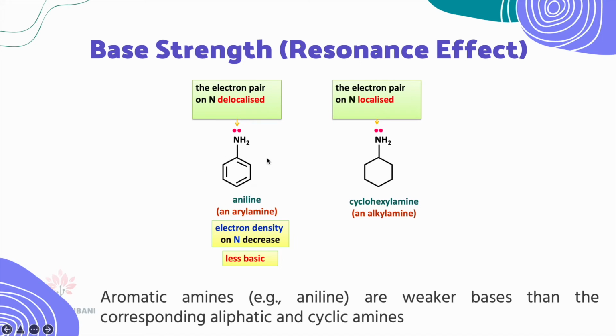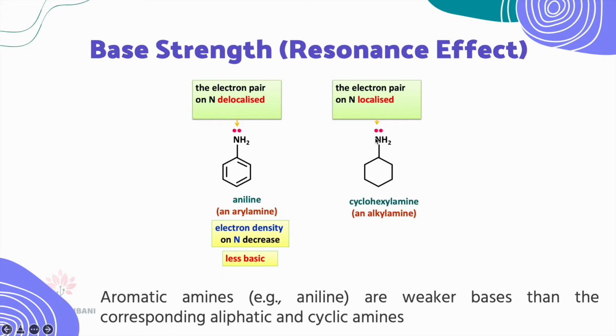So that's what makes aniline, or the amine with an aromatic ring, less basic compared to amine that has no aromatic ring. Amine that has no aromatic ring is more basic because the position of the electron pair on the N is localized.